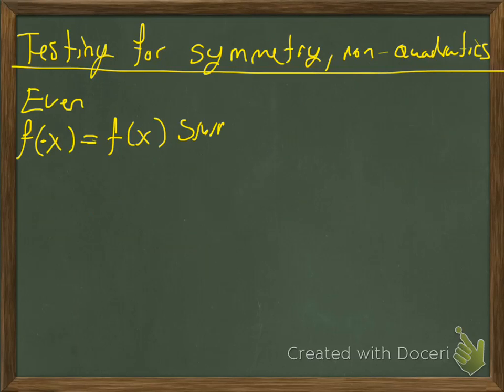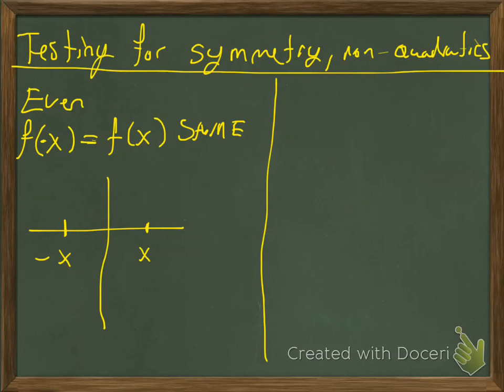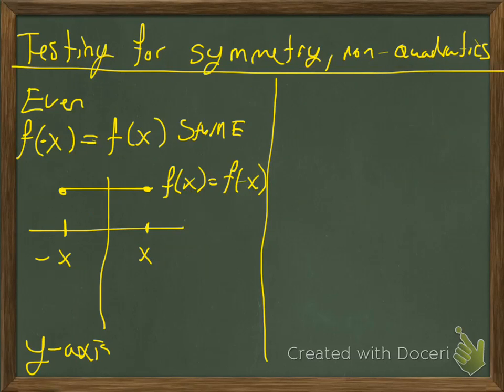And we would say that these are the same. And I'll draw you a little bit of a picture. So there's negative x and x. f of negative x is the same height as f of x. And you see that they are symmetric with the y-axis.